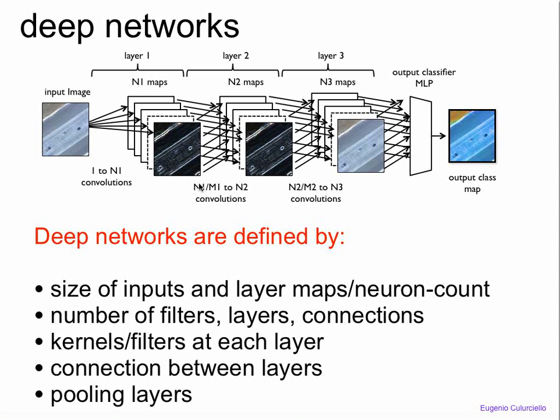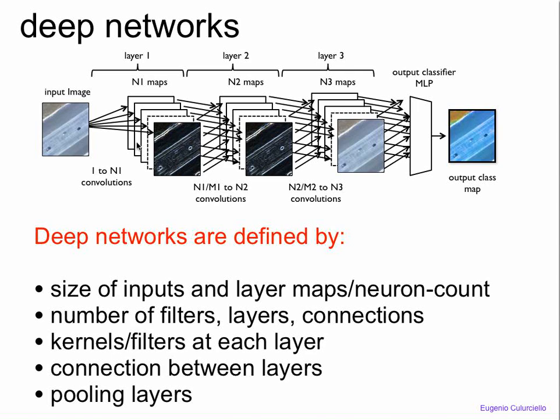The more filters there are on the first layer, the more computation there will be. In fact, for a deep network, the total computation can usually be approximated by the number of operations that you do on the first layer.